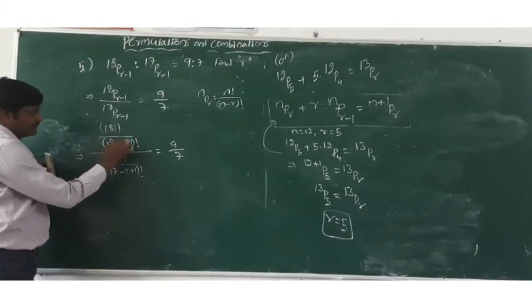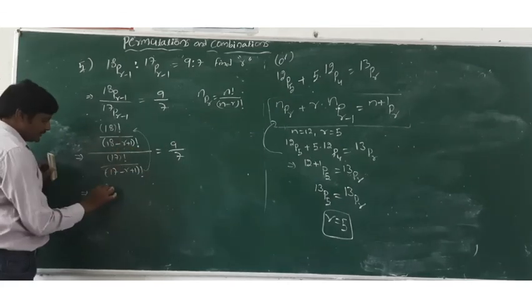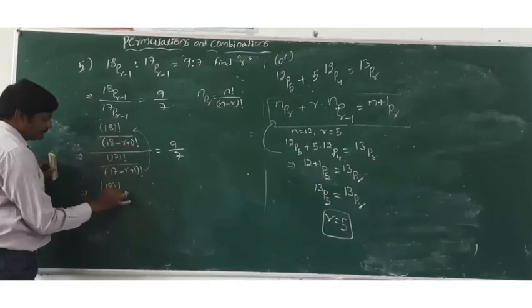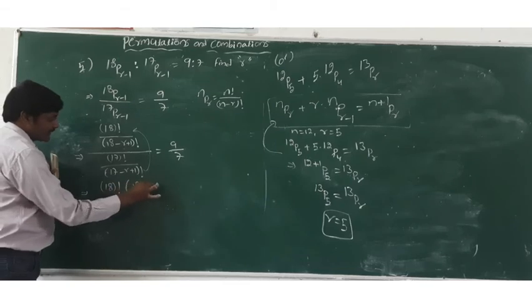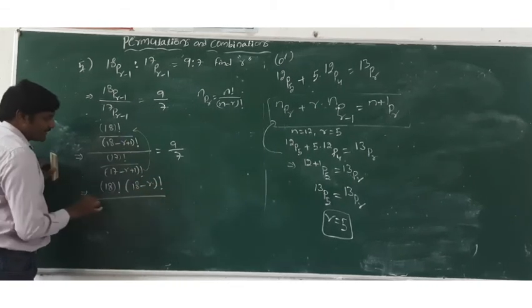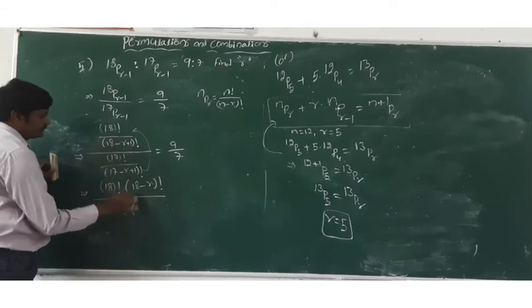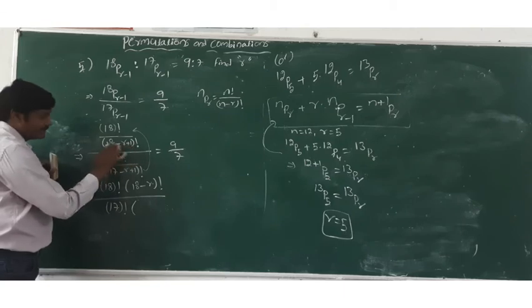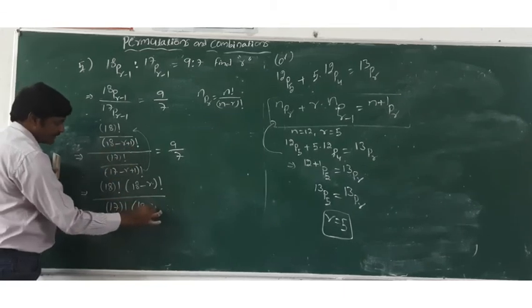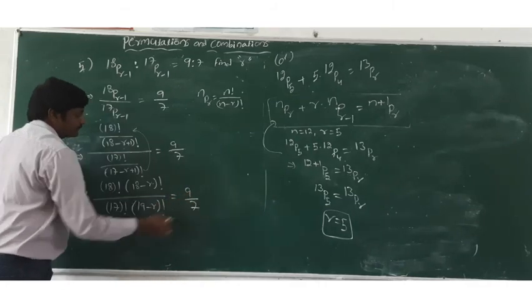18 plus 1 is 19 minus r; here we get 18 factorial into (18 minus r) factorial by 17 factorial into (19 minus r) factorial, is equal to 9 by 7.